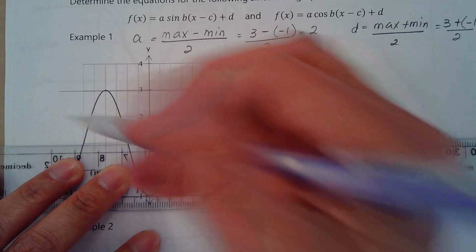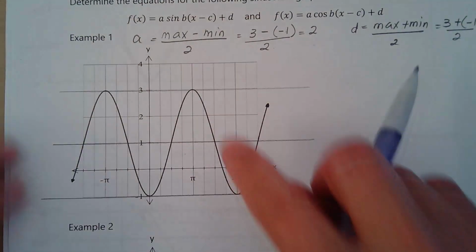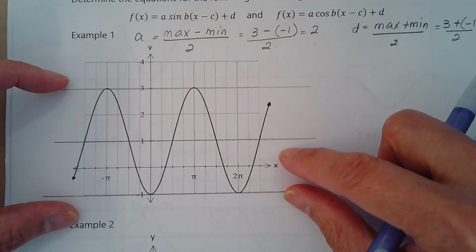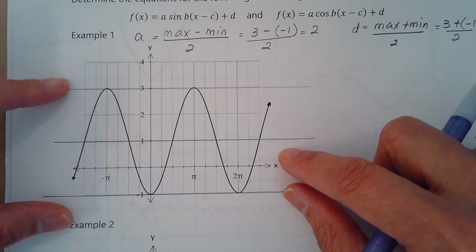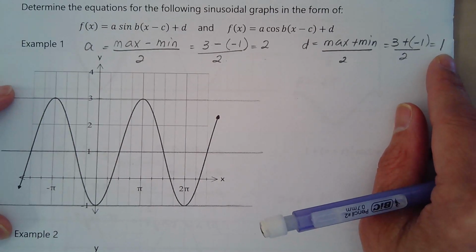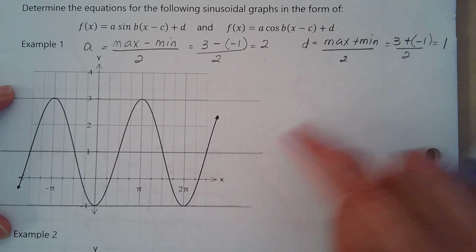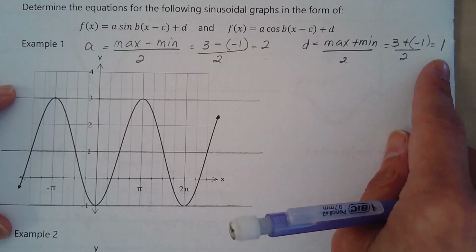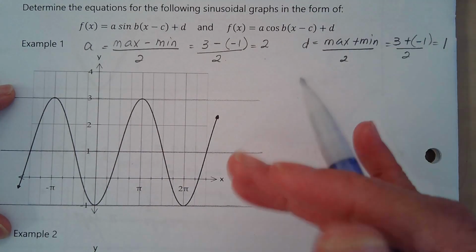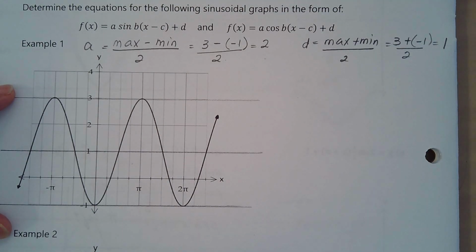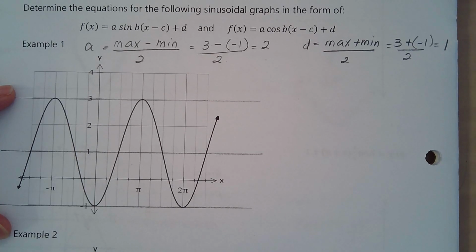Does that look like it's in the middle? Yeah, the median line looks like it's in the middle. So the 1 for D makes sense to us. If you see there's a discrepancy in your graph and your equation, we have to go back and change it or figure out what happened.